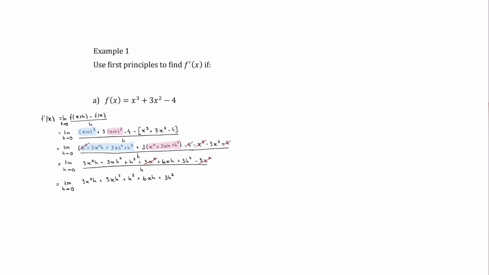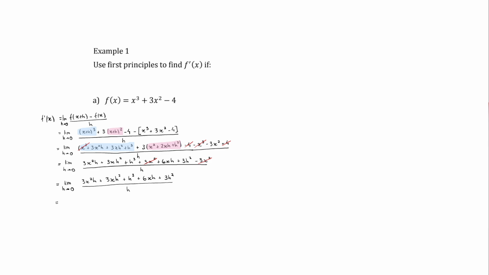all over h. And now what we notice is that each term in the numerator has a factor of h. So I'm going to factor that out to cancel with the h in the denominator, which is going to effectively cancel the h in the denominator, and then I'm going to be able to evaluate my limit. So let's do that.